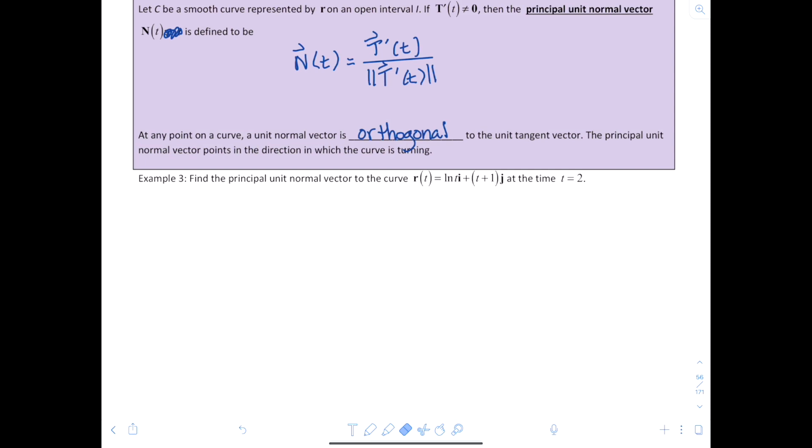Well, why don't we find r prime of t first? Because aren't we going to need that to find T of t? So r prime of t would be 1 over t i plus 1 j.